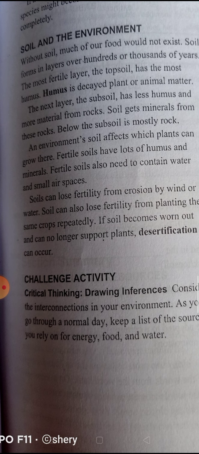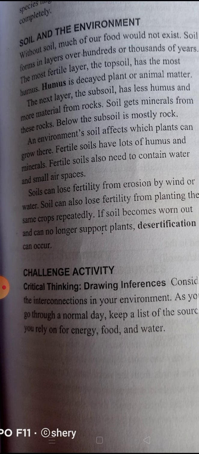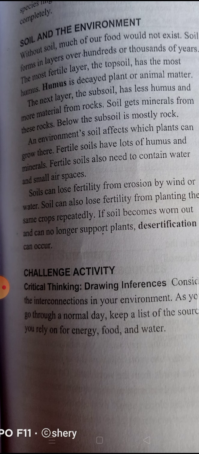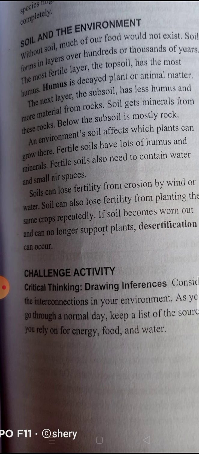These are the factors that make the soil lose its fertility.